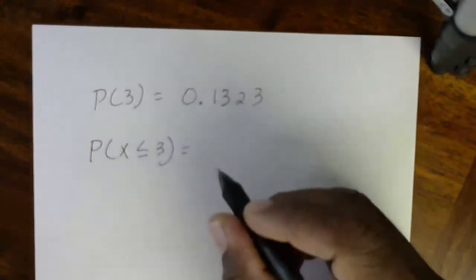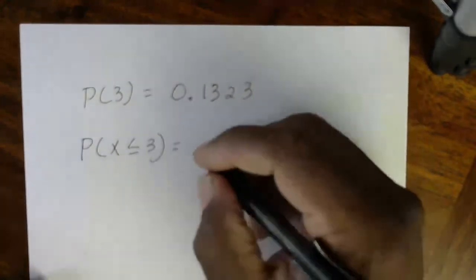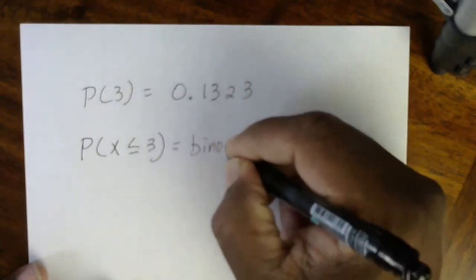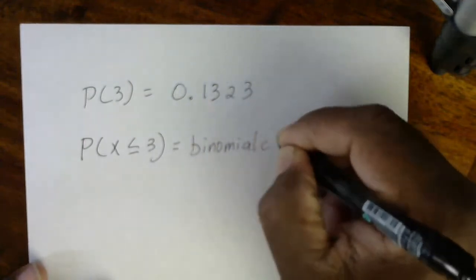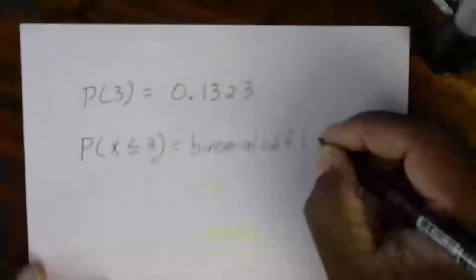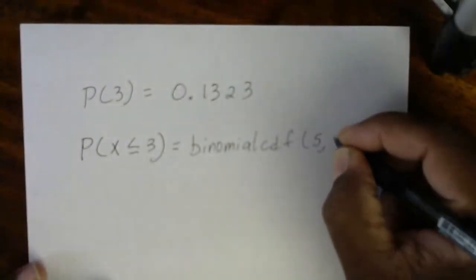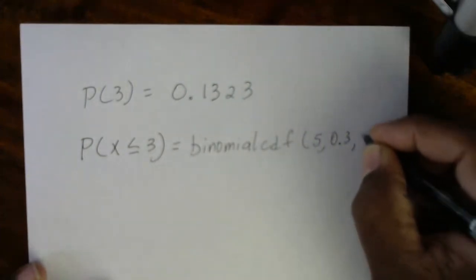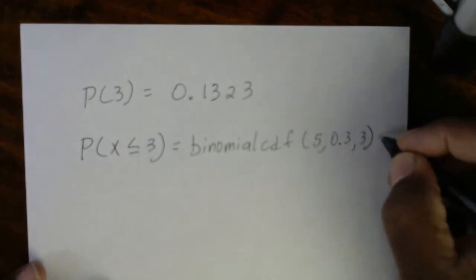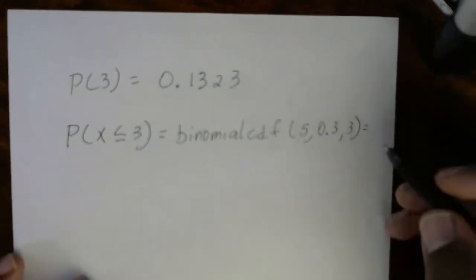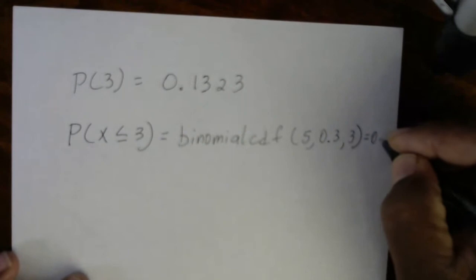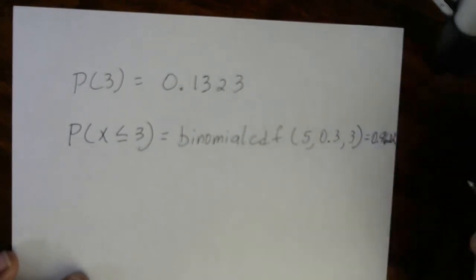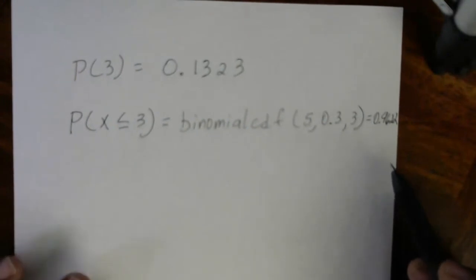We put that in as the binomial CDF, we put in 5, 0.3, and 3, and that gave us 0.9692. Sorry about that, I'm running out of paper.